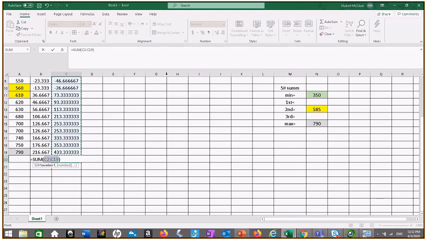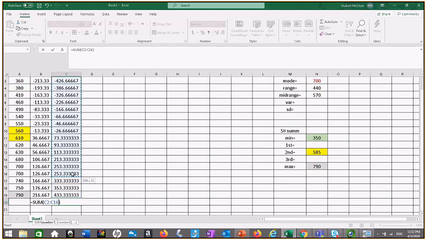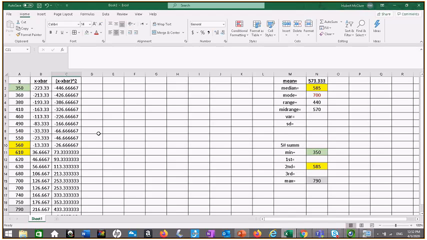My computer is not cooperating with me. That's not right. Let me check. To check y'all's mean and see if you got 573. Equals this minus 573. Did y'all get 573?